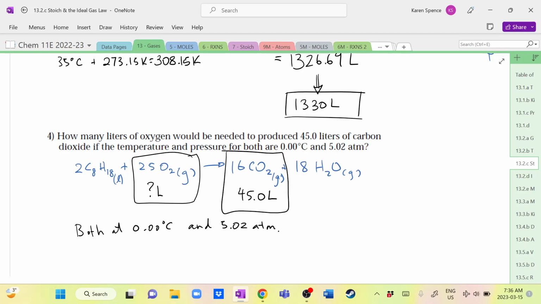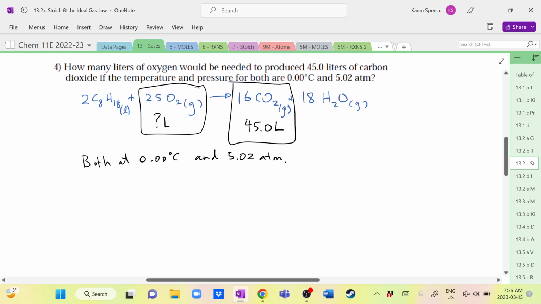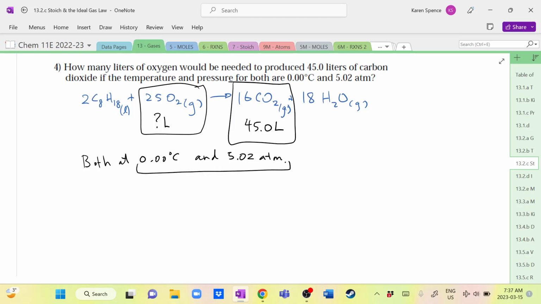It would be really tempting to go through a whole big long calculation, finding the moles using the ideal gas law, and then converting to moles of oxygen. But these are both at the same temperature and pressure. And what do we know about gases at the same temperature and pressure? Equal moles occupy equal volumes.